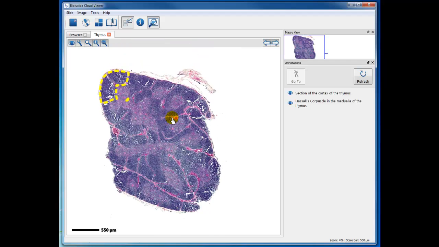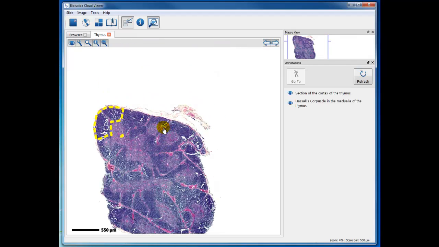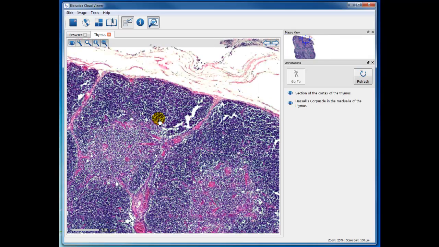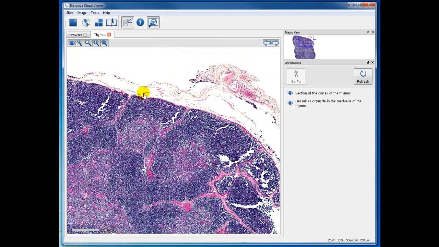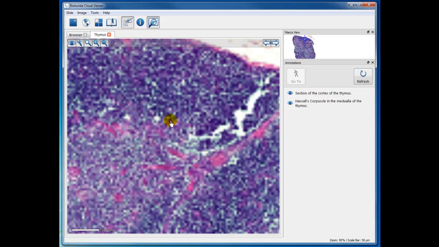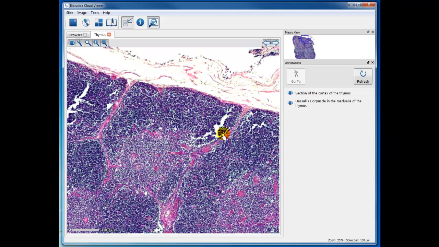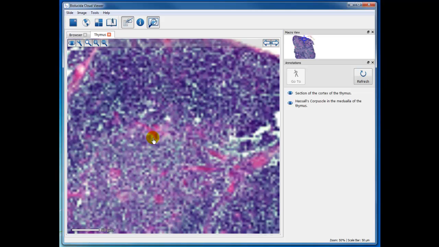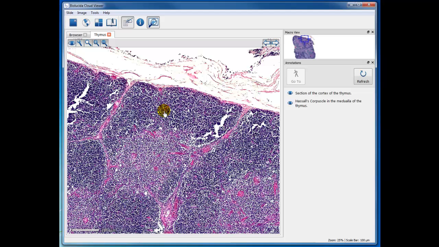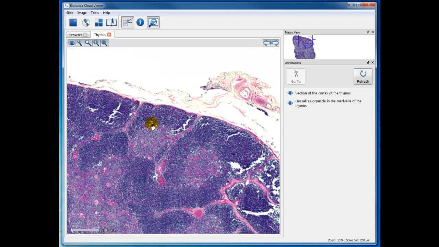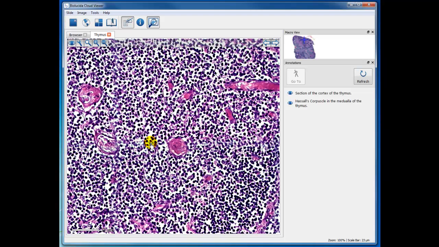So if we zoom in on, let's say, the cortex here, each of the thymic lobules, separated by connective tissue trabecula, are composed of a dense area of lymphocytes in the cortex and a lighter area, less density of lymphocytes, in the medulla.